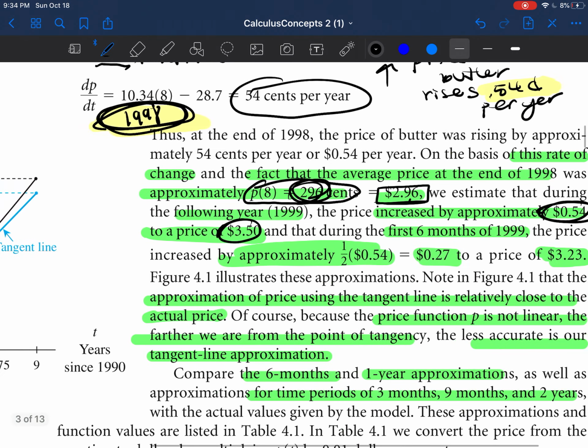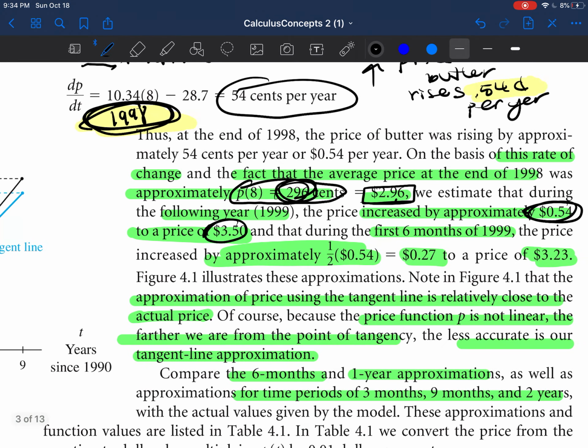Because of this, we can approximate how much it will increase in half a year. This is for 1 year, so half a year would be 1/2 of 0.54.